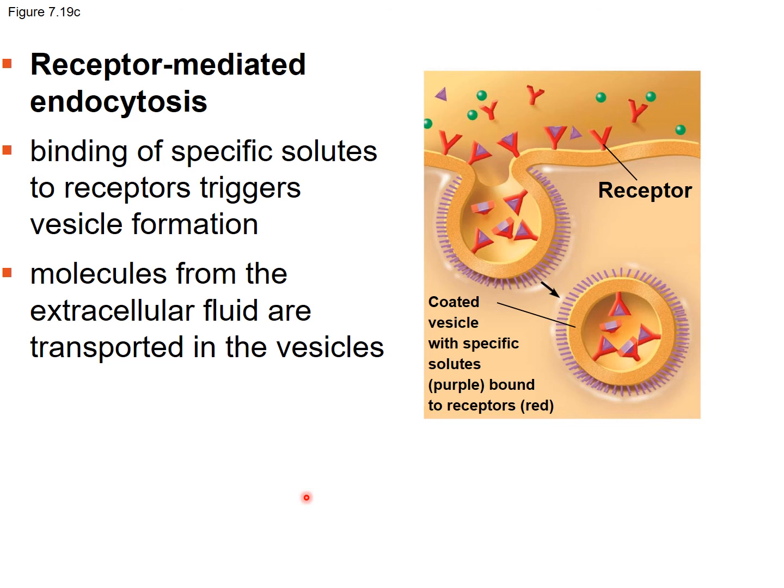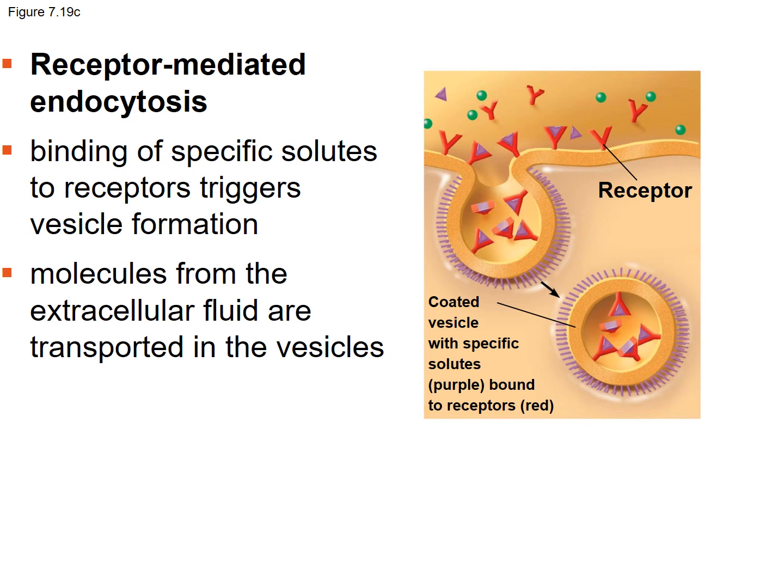Ligands are just molecules that bind to receptors. So once this binds to the receptor, it induces the formation of a coated vesicle. They're usually coated with a protein called clathrin. Clathrin-coated vesicles, again, are handled differently than regular vesicles. So again, this allows the take-in of specific molecules.